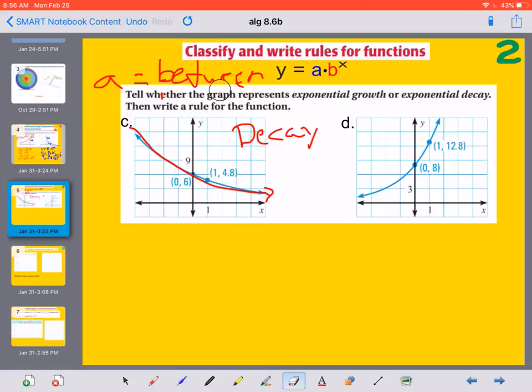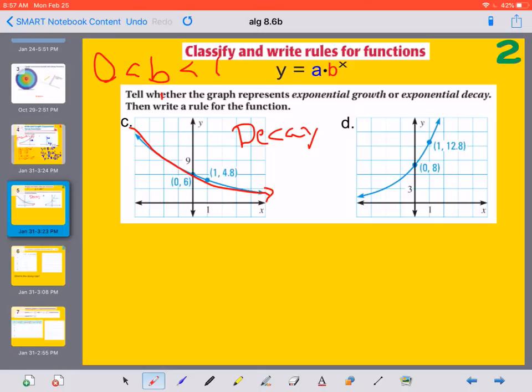I wrote this in the worst spot I could, so I'm just going to erase that. B has to be greater than 0, but less than 1.